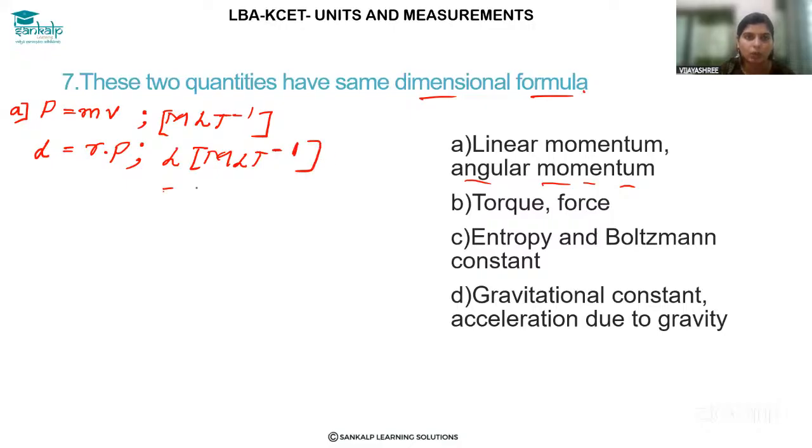So it is M L into L, that is M L square T raised to minus 1. This is the dimensional formula for angular momentum.